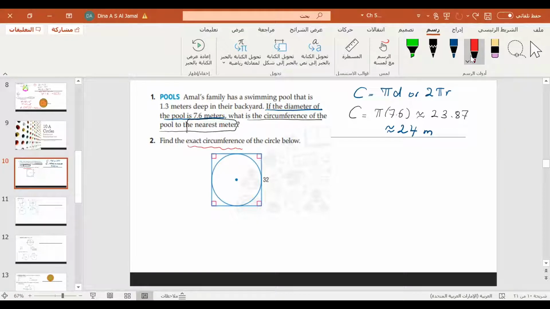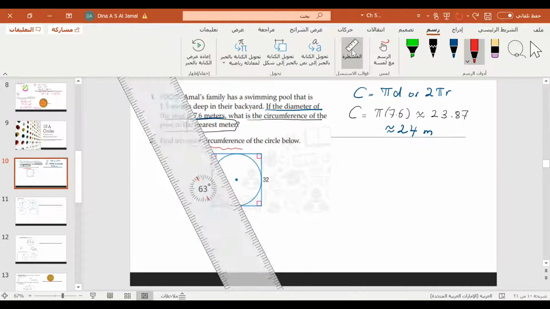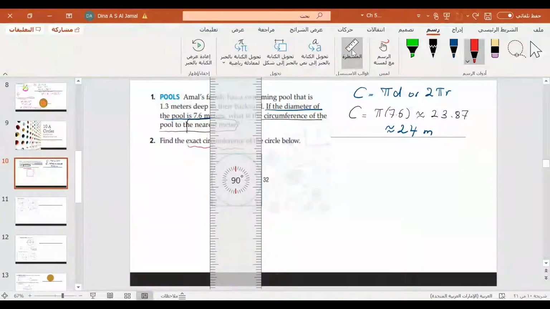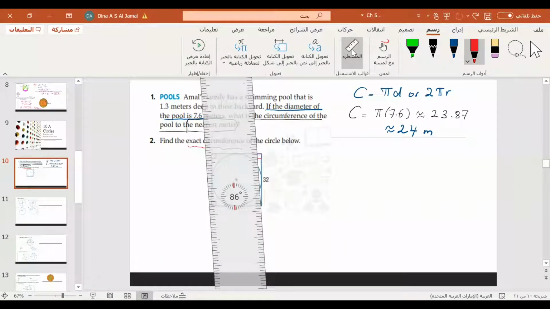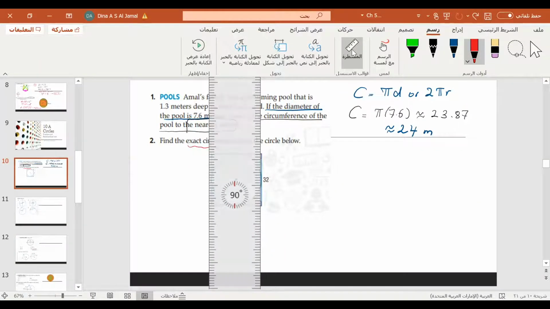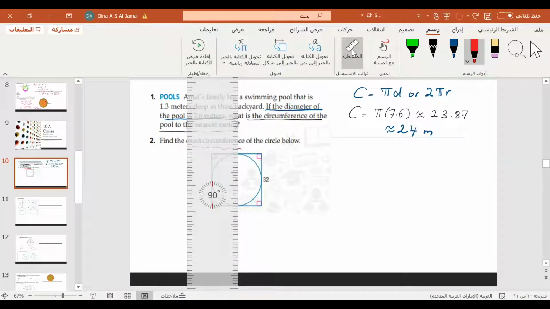So let's think of it like each side of the square is 32. That means whenever you move with your ruler, you will be getting your 32 all over this square.